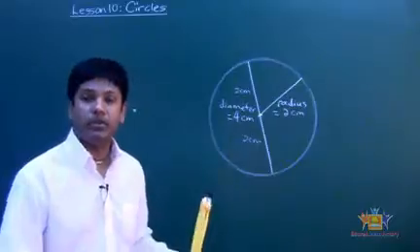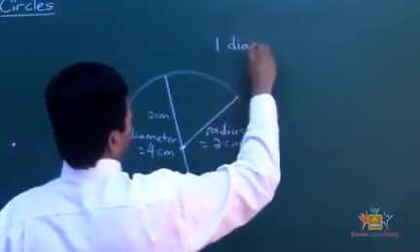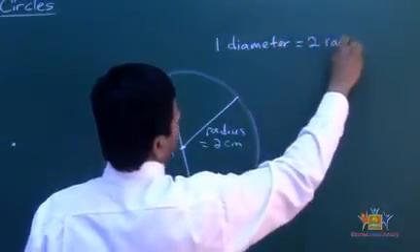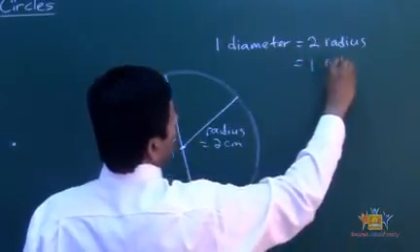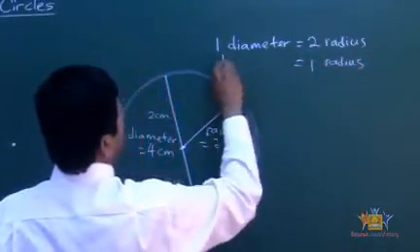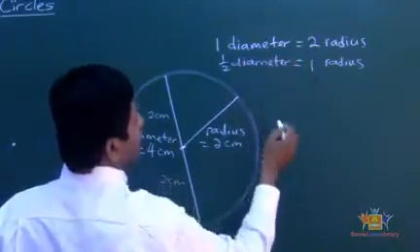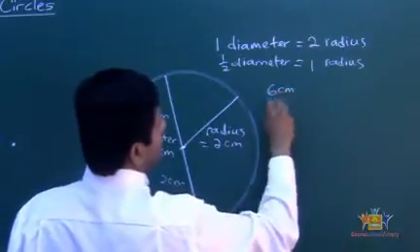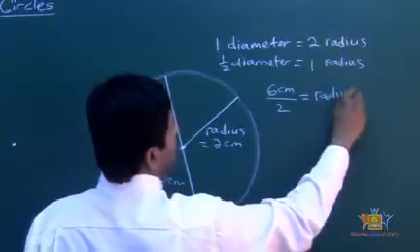Half of the diameter, because we know that 1 diameter equals 2 radius. So if you are looking for 1 radius, it's half the diameter. In other words, if I know the diameter is 6 centimeters, I divide that by 2, which gives me the radius.